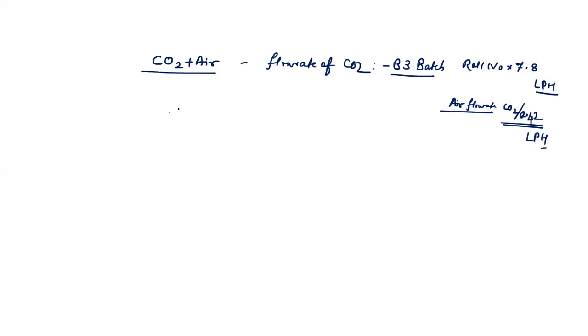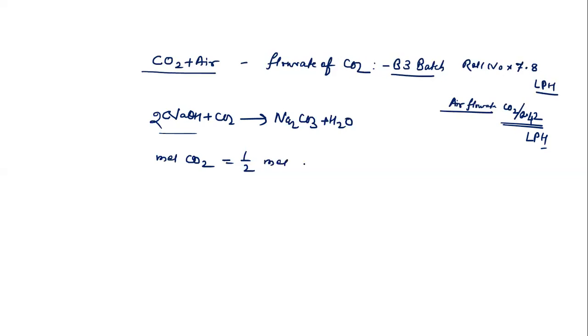So we know now NaOH plus CO2 are going to give Na2CO3 plus H2O. It is twice. So 2 mole of NaOH, we know how many moles of NaOH are reacted. So mole of CO2 absorbed would be equal to half of mole of NaOH. Right? This will give you mole of CO2.